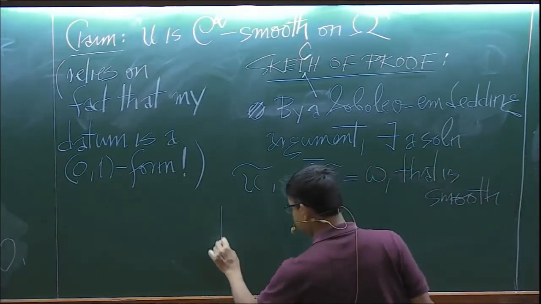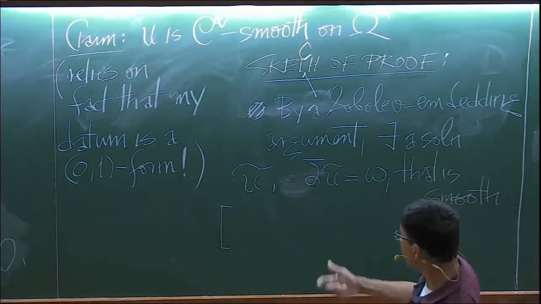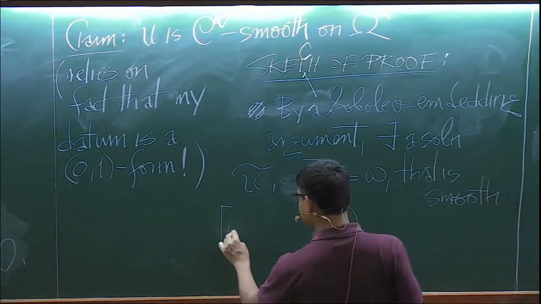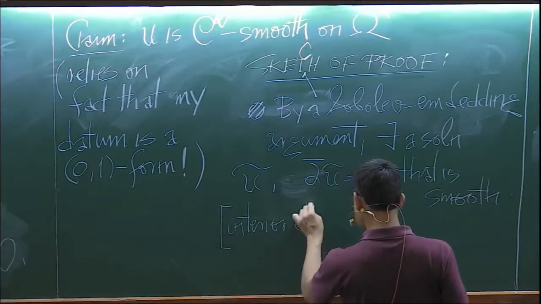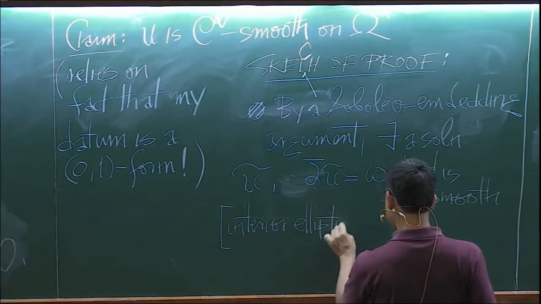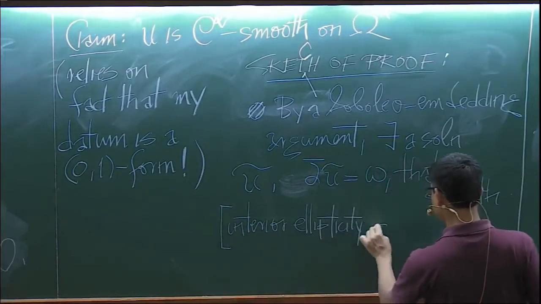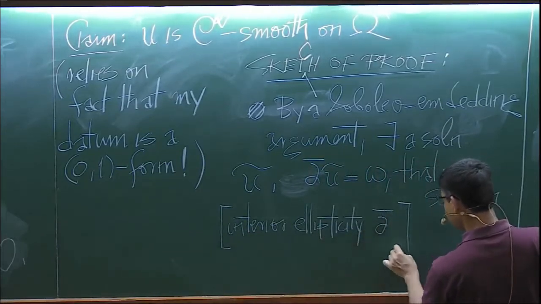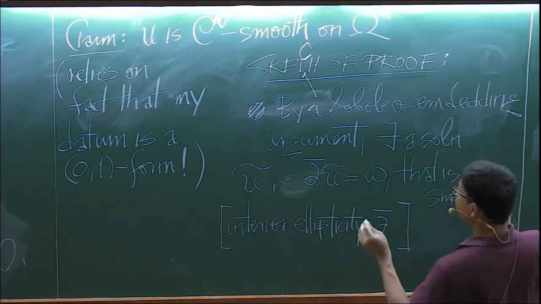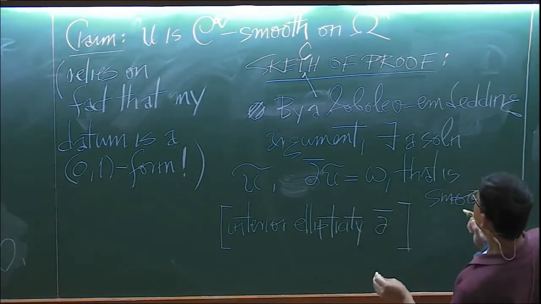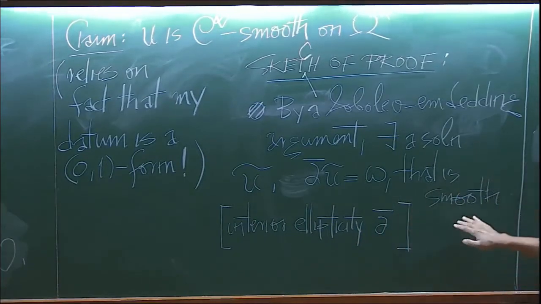Professor Stauber used the term in passing. This is the interior ellipticity of d bar. This is the best we can say in general: there exists some solution that is C infinity smooth.